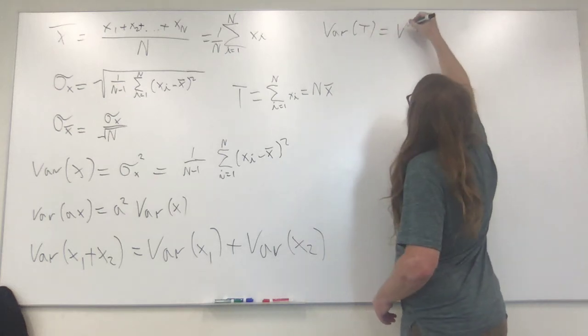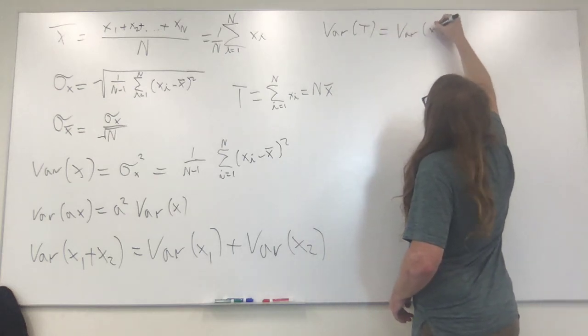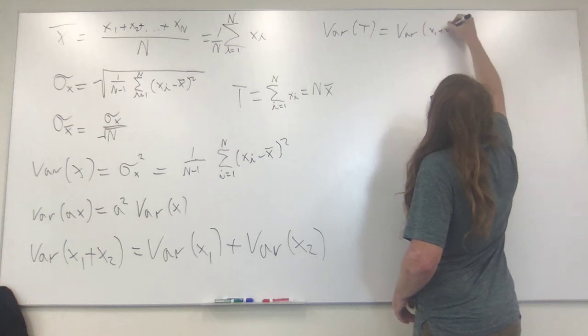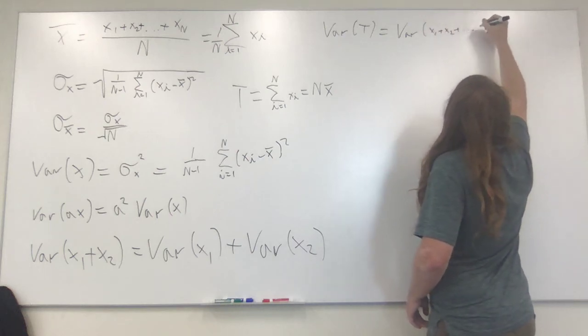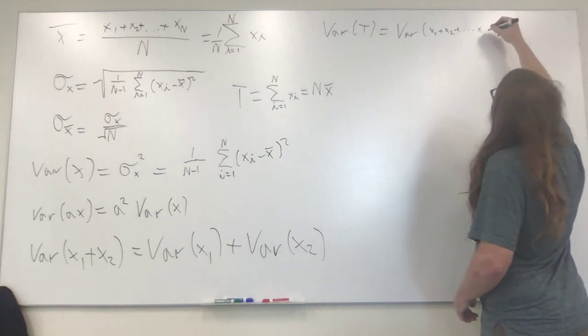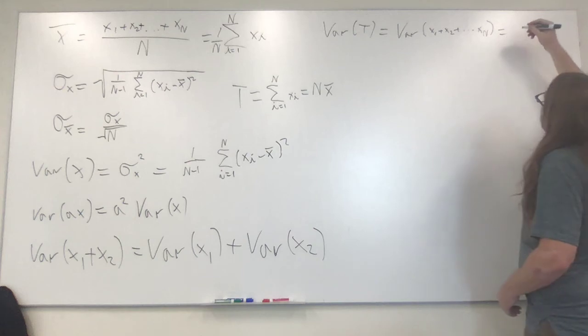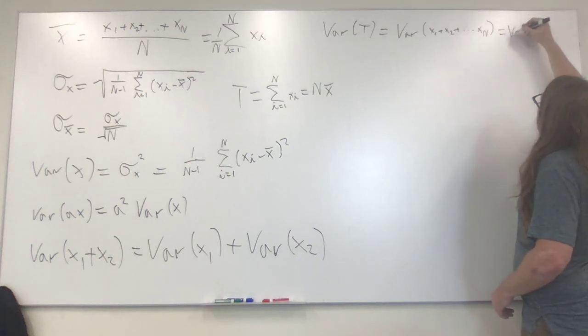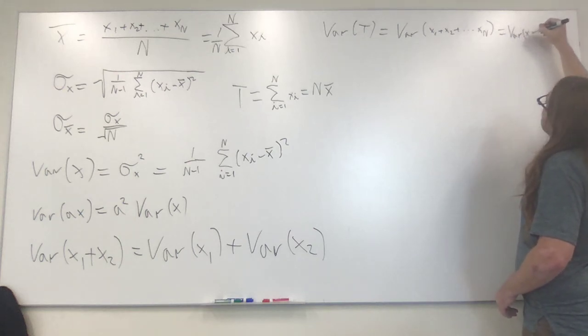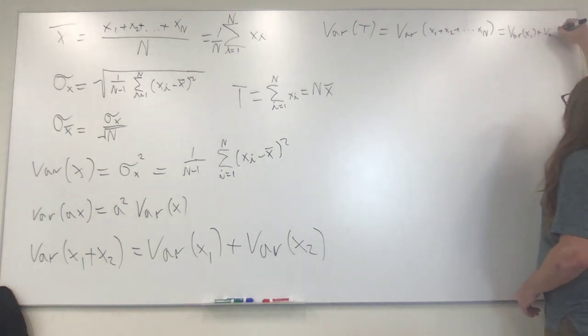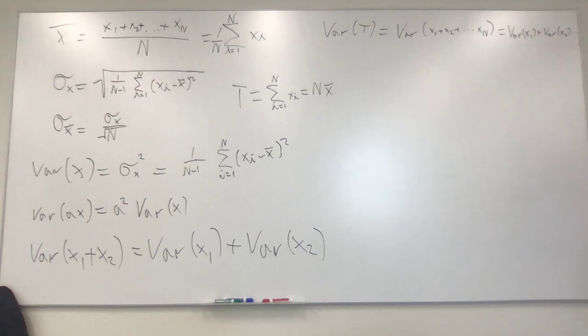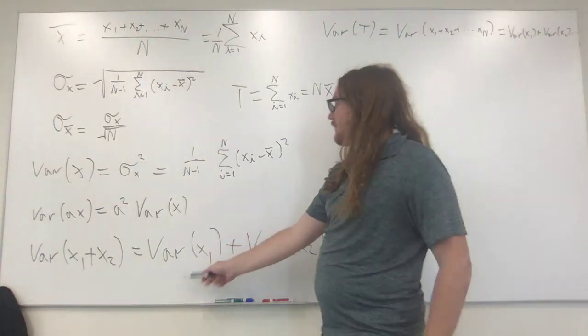This is the variance of the sum of each of these numbers, which is then the variance of each summed separately. So we're just using this property down here.